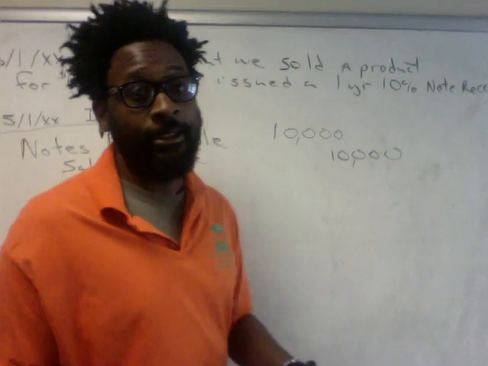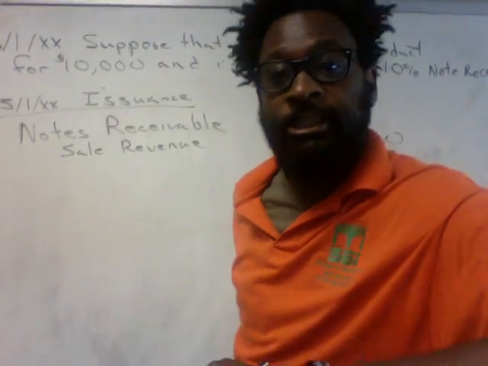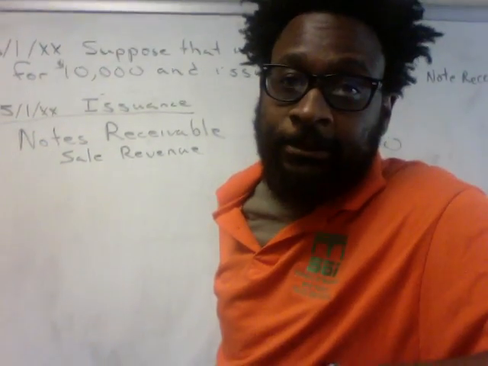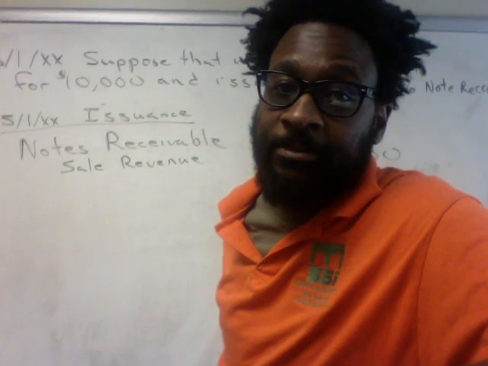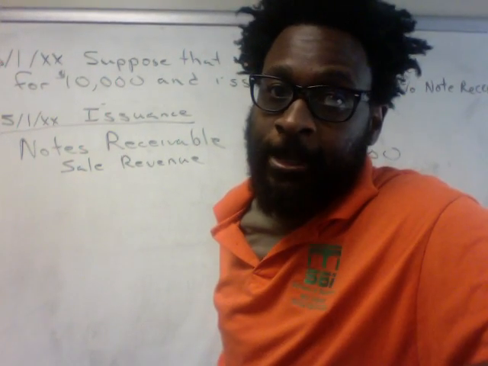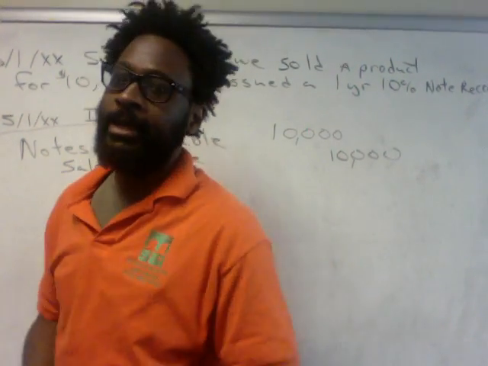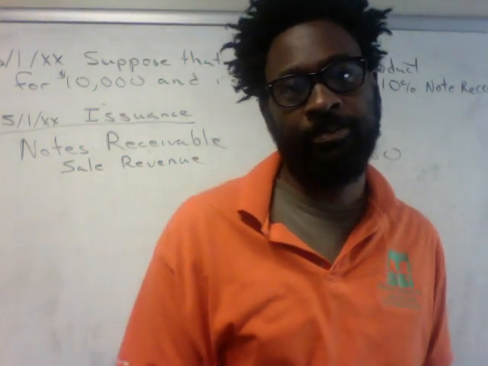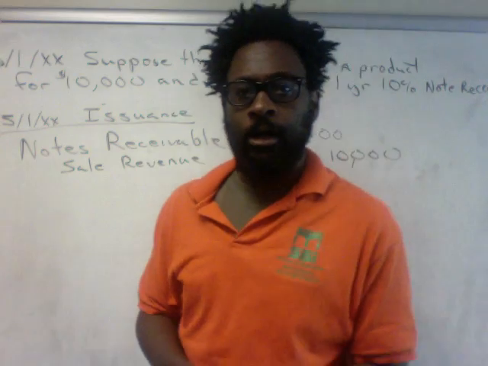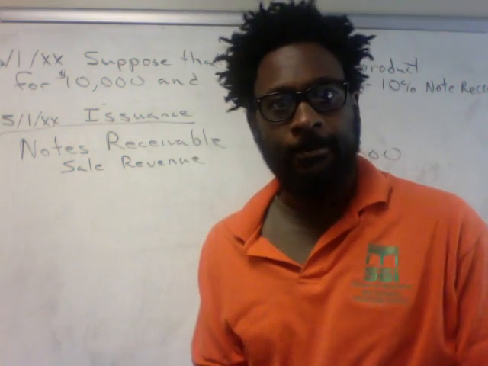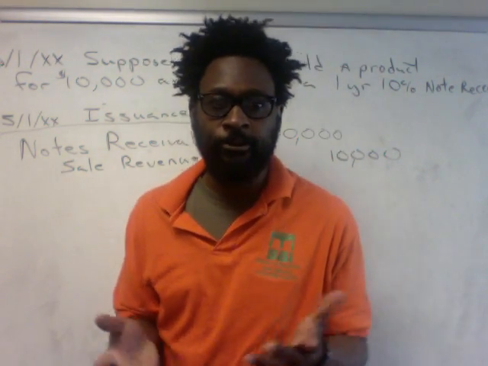Now, what's the next part of the life of this note? The next step will be your year-end adjustment. Remember from chapter 3, guys, at the end of the year, you have to make adjustments, right? And remember the 5 adjustments that we talked about: prepaids, depreciation, accrued expense, accrued revenue, and unearned revenues, right? Those were the 5.